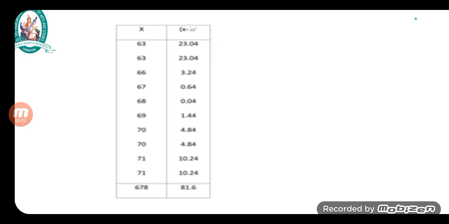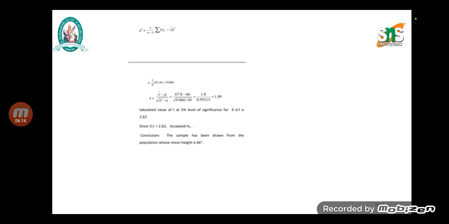The sum of all the heights is 678, and the sum of squares of deviations is 81.6. Therefore, the variance s square is summation of x minus x bar the whole square divided by n minus 1.